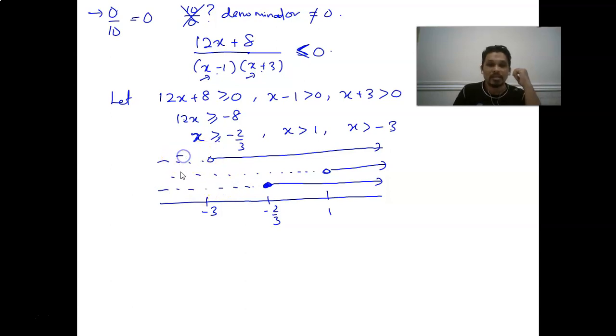So what we got here is negative, negative, negative, positive, negative, negative, positive, negative, positive, positive, positive, positive.